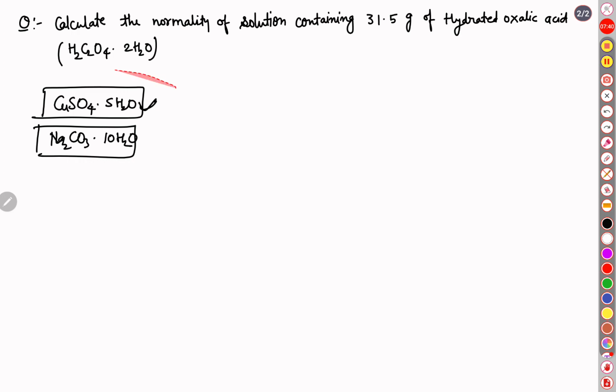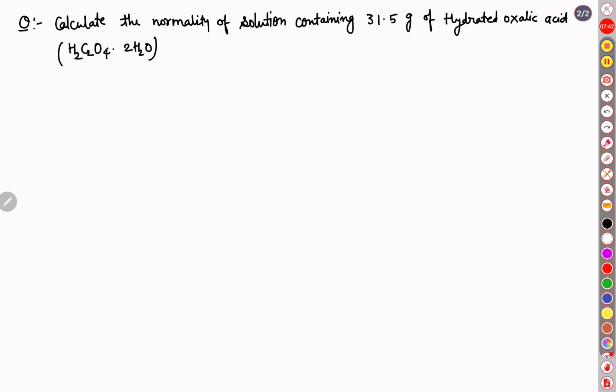Okay, now the oxalic acid is in 1250 ml of solution, not ml, mole per liter of solution. Clear?